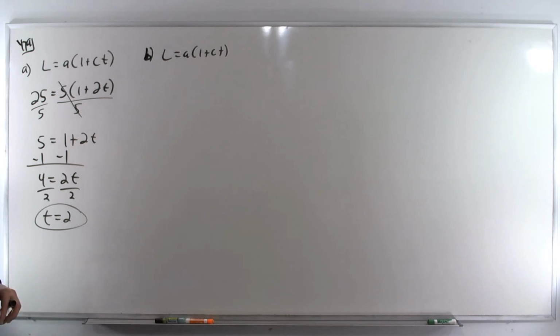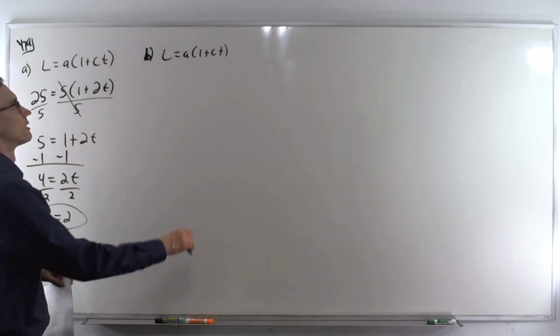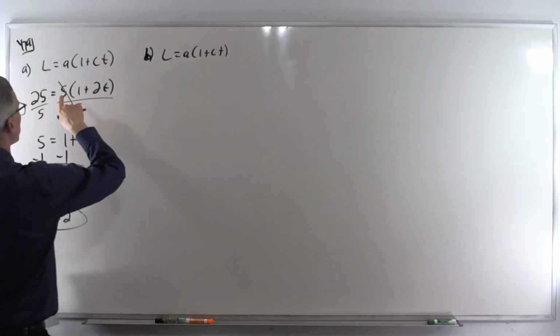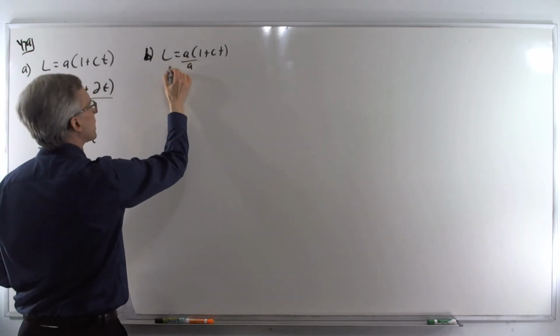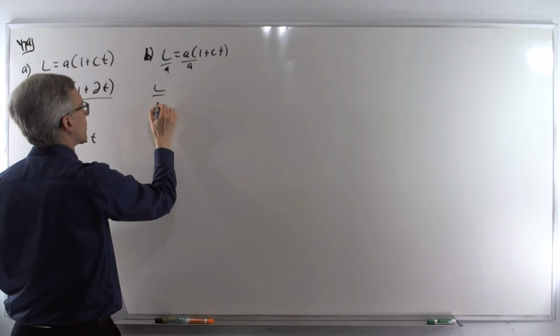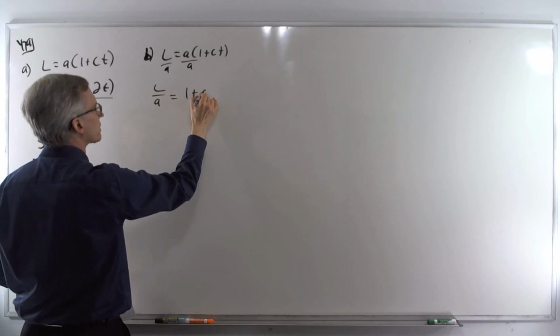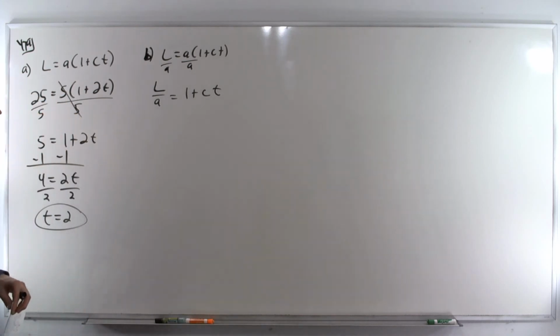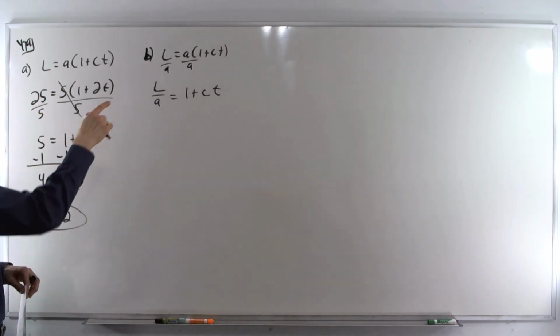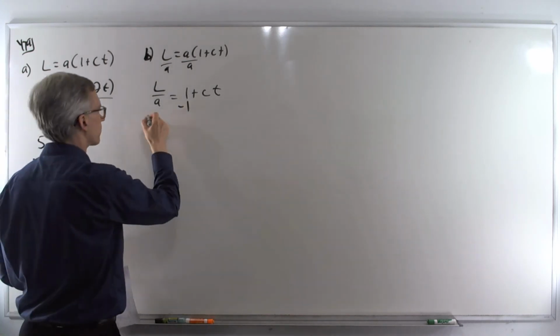And now this one, we're just going to solve this equation for t. So just like over here, we started dividing by 5, so here we'll start dividing by A. Divide both sides by A. That gives us L over A equals 1 plus CT. All right, what do we do next over here? We subtracted the 1, so let's subtract the 1 over here.